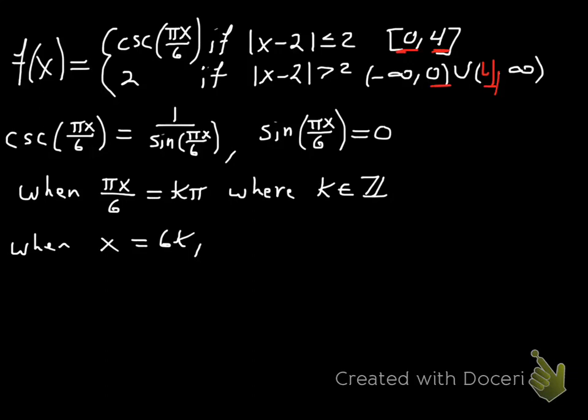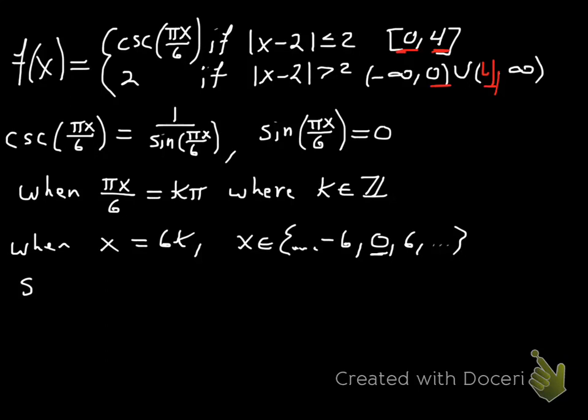So x would be in this set: negative 12, negative 6, 0, 6, 12, etc. We really only need to consider which values in this set fall in the interval 0 to 4, because that's the only time we're looking at cosecant of pi x over 6.